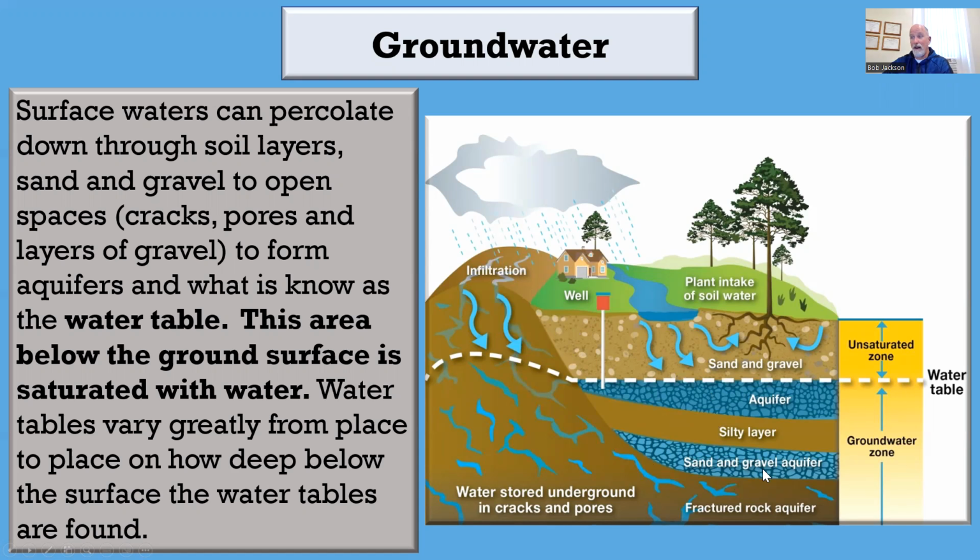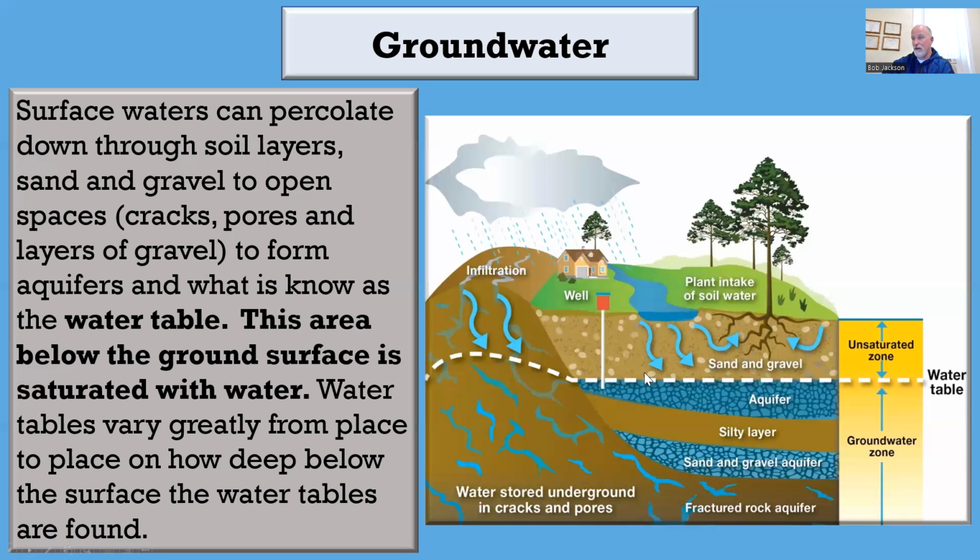Now there are areas that have huge, essentially underground rivers that they call aquifers, which can be 40, 50 feet underground. And that's where a lot of your cities like to put their municipal water supplies, where they've got a very good water table under there.